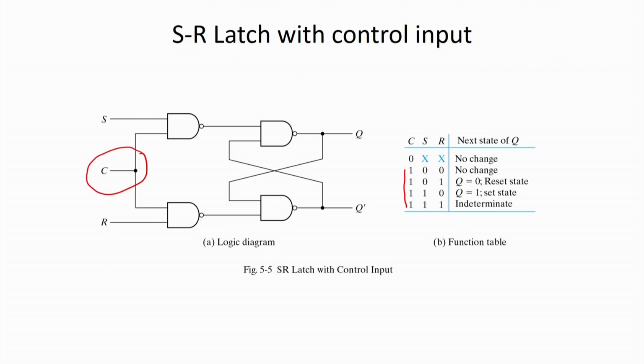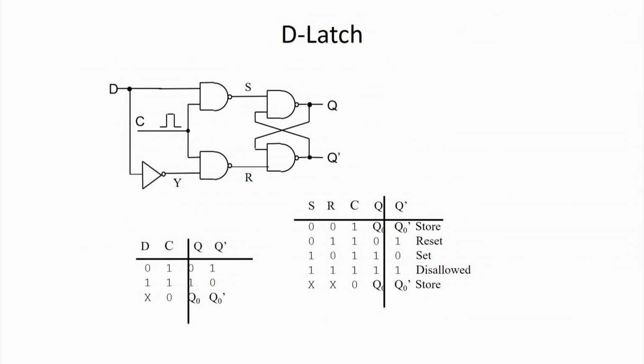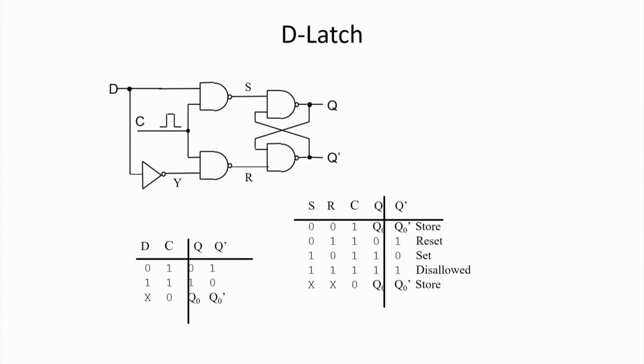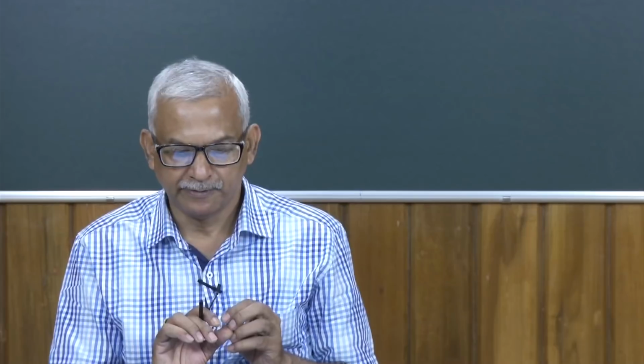But when I apply the clock, at that particular point we will try to avoid giving the 1 and 1 combination at S and R. That is the way we can control it with the help of this control signal. So this is the basic building block of our SR latch, and with the help of this we can construct other latches or other flip flops.